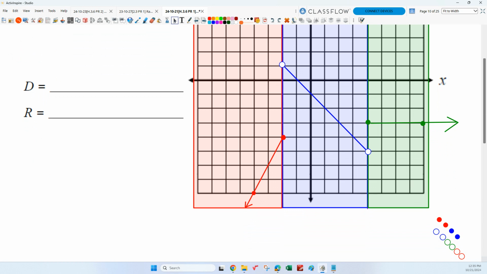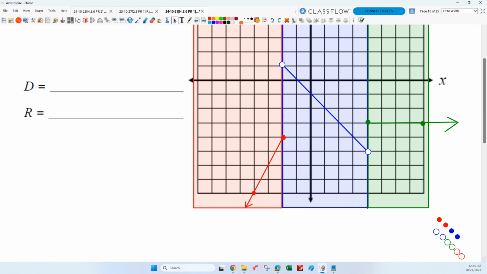Okay, good. All right, so now, what is the domain of this piecewise function? We want all the values of x that an ant could possibly stand on in any of the three pieces. Are there any values of x the ant couldn't stand on? No, isn't the function defined for all values of x? Agreed?